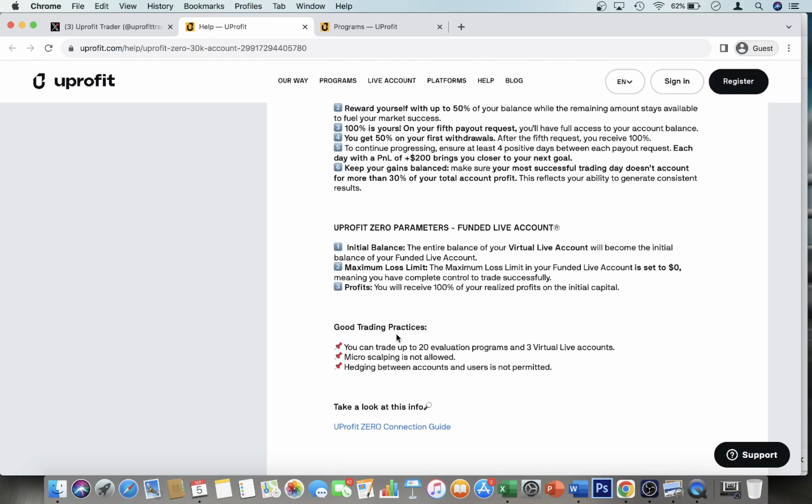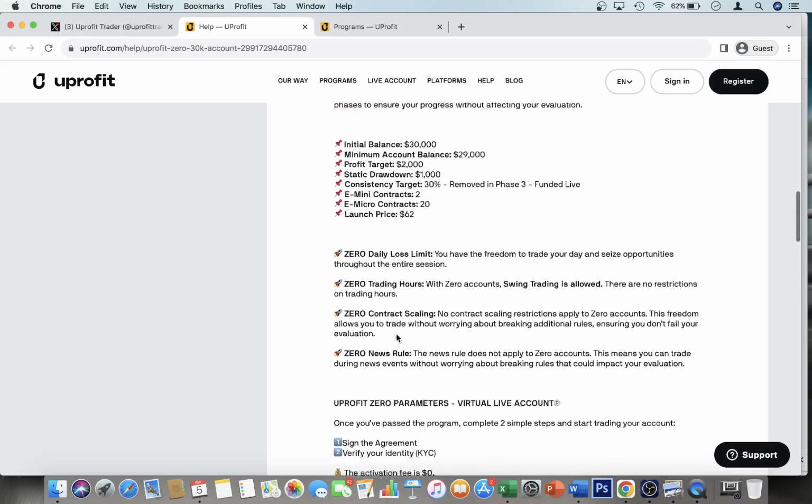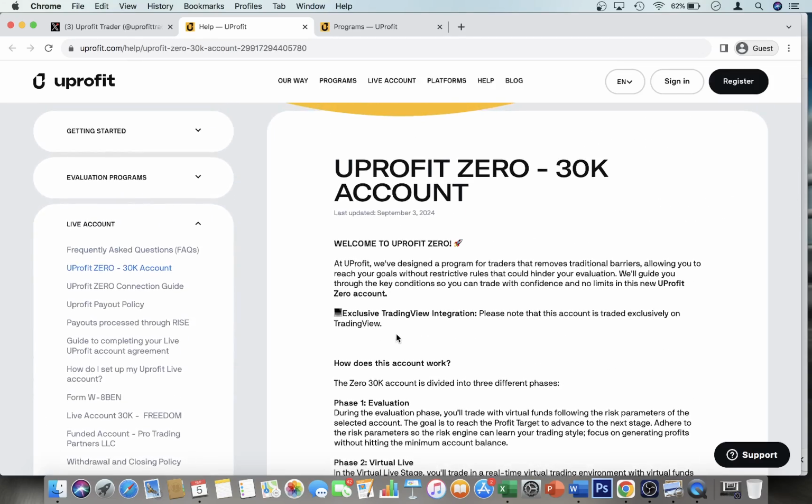And if you guys have any information or experience with Uprofit, let me know. I don't even have an affiliate partnership with them, but I really like this program. I think this is a great move in the right direction. I think this will actually encourage other platforms to find ways to offer swing trading to traders. So that's good. I think more options is always good for the space.